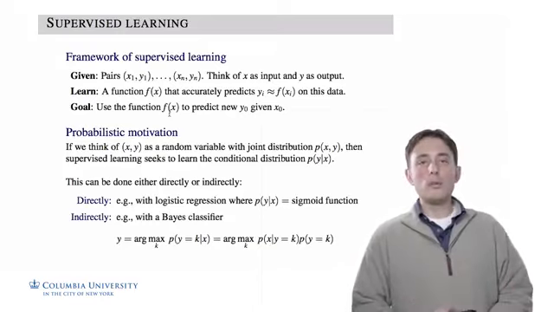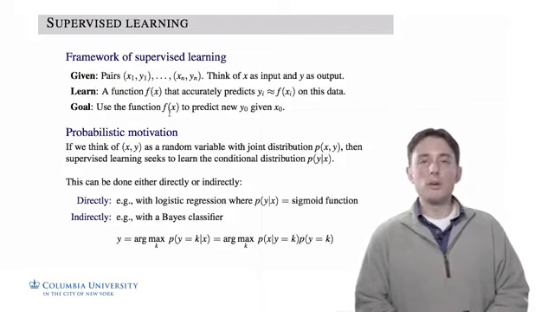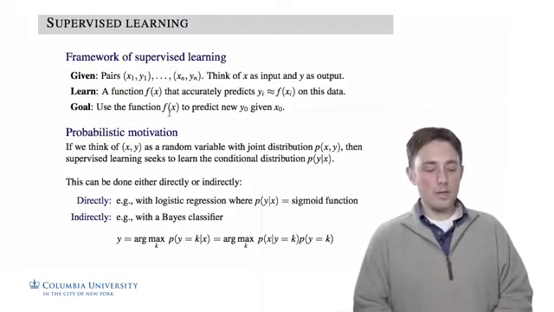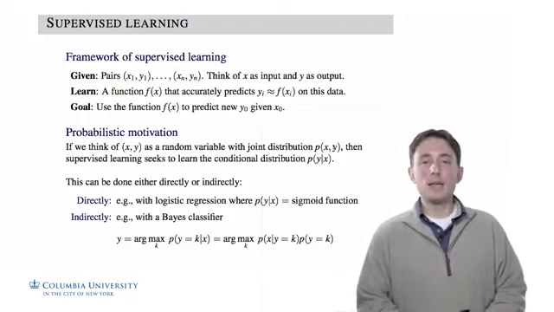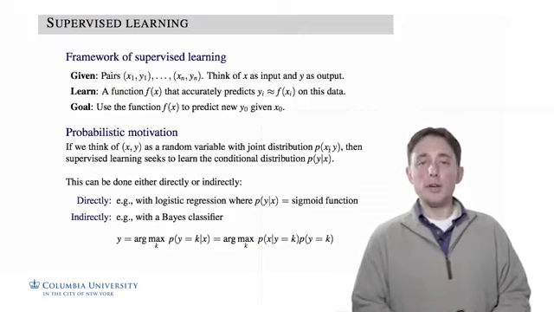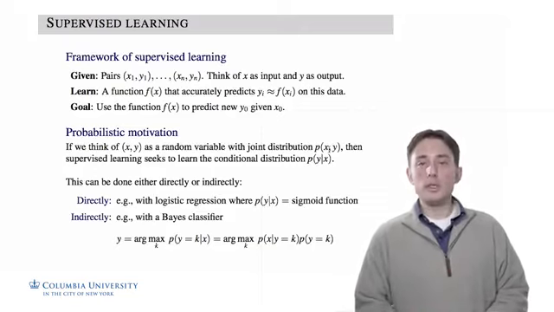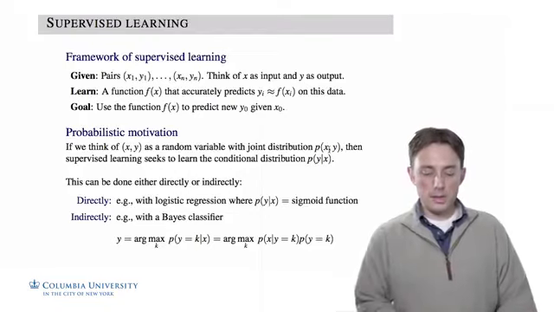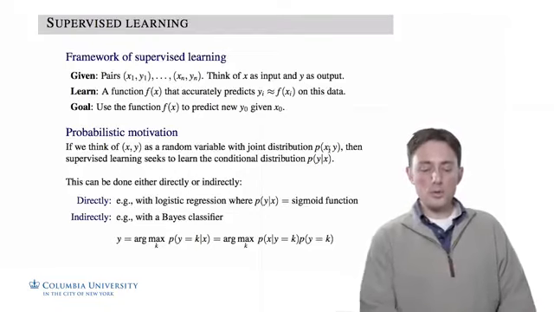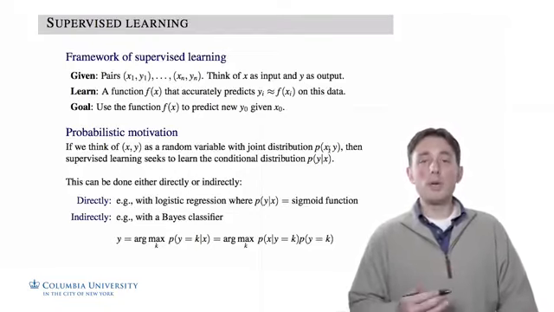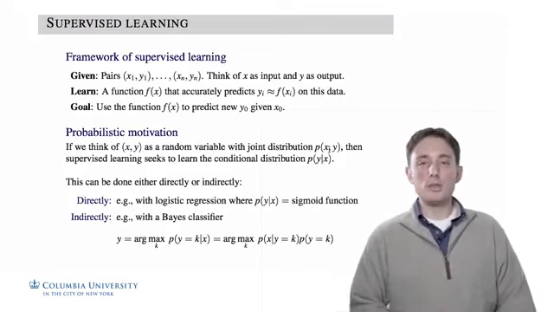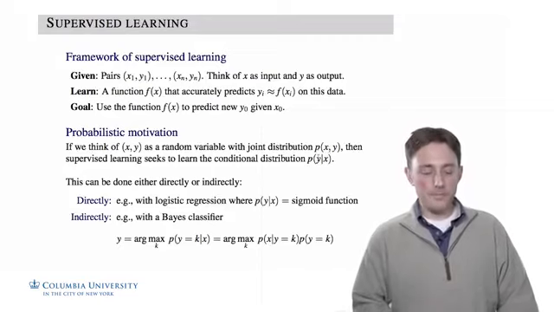We talked about a few different motivations, one of which is probabilistic motivation. So this is where we think of x and y as random variables with a joint distribution like this. So this is some true underlying distribution that we don't get to observe that nature is using to generate these labeled pairs of x and y.